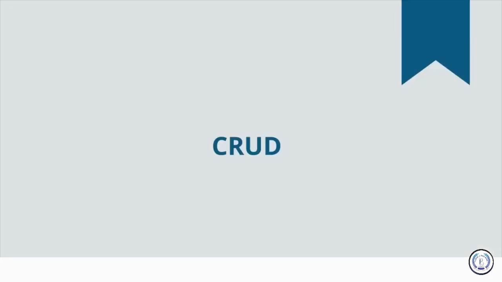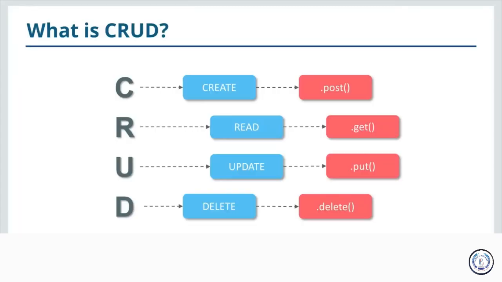So there's really four main operations when building an application like this, and they're known as CRUD. What CRUD stands for is create, read, update, and delete. So we're going to be using MongoDB and Mongoose. Mongoose is a library to basically do operations on the MongoDB database in Node.js.